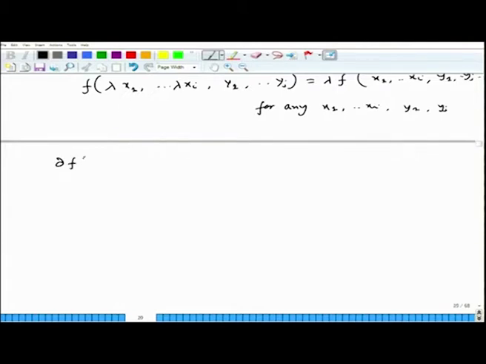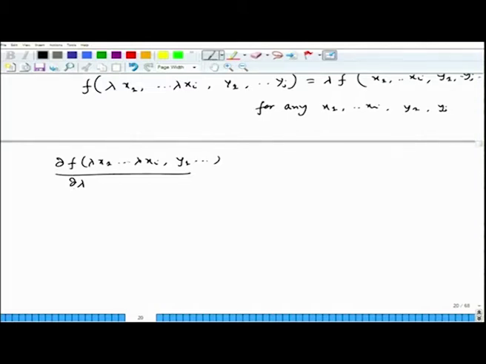Let us take its derivative, del f of lambda x1 till lambda xi and y1 till yj, with respect to lambda. So we are taking a derivative of f with respect to lambda.